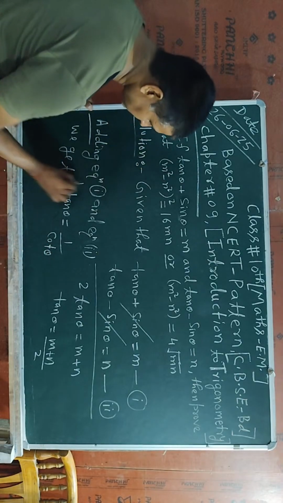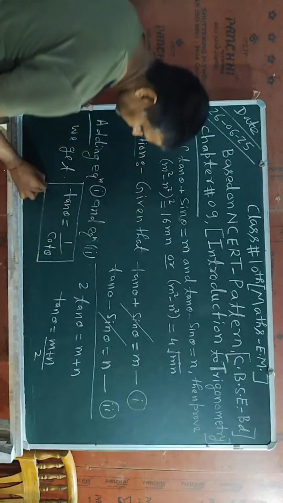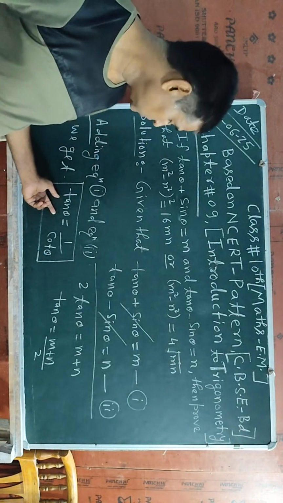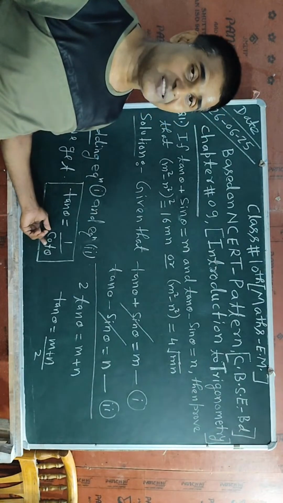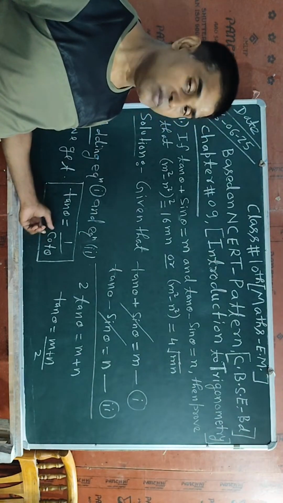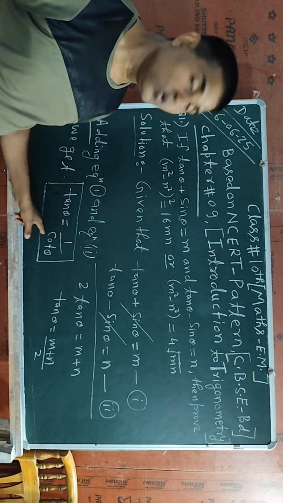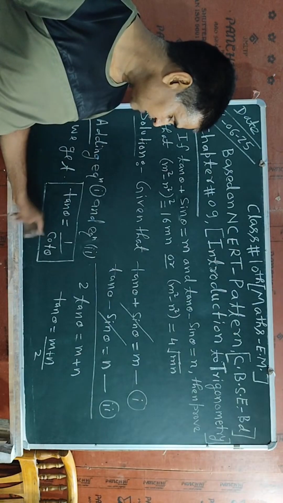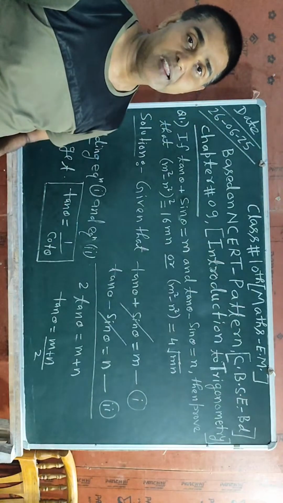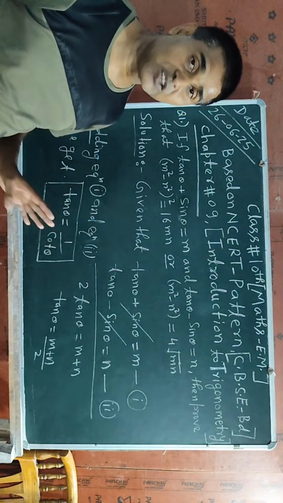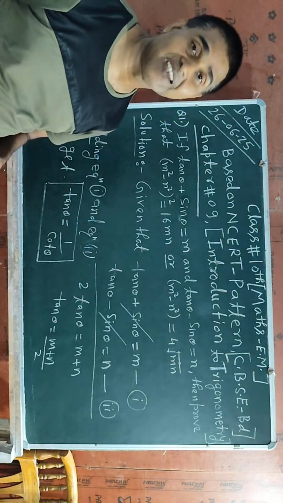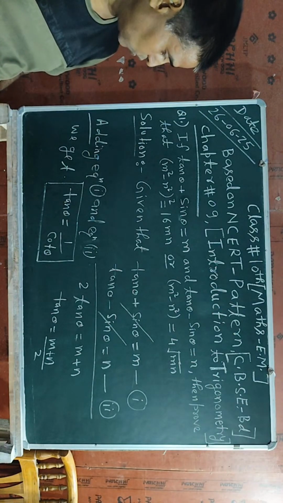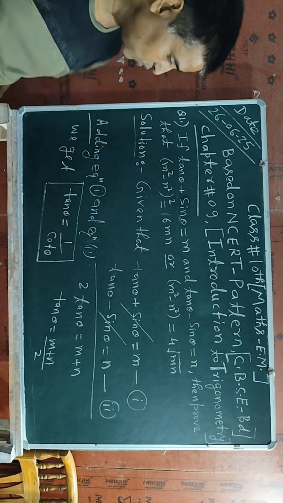If I know the tan value, we can also get the value of cot theta, because tan theta is the reciprocal of cot theta. So tan theta is equal to 1 divided by cot theta, and cot theta is equal to 1 divided by tan theta. So 3 trigonometrical ratios are primary, but the other 3 are the reciprocals of the previous ratios. Okay, so this information I have to write here.